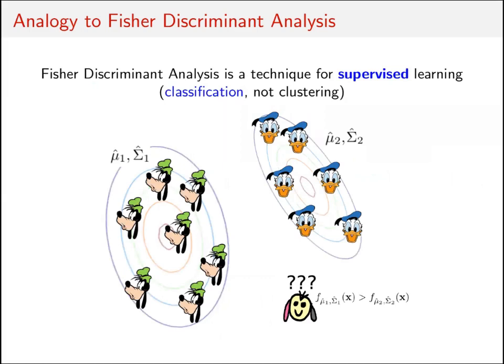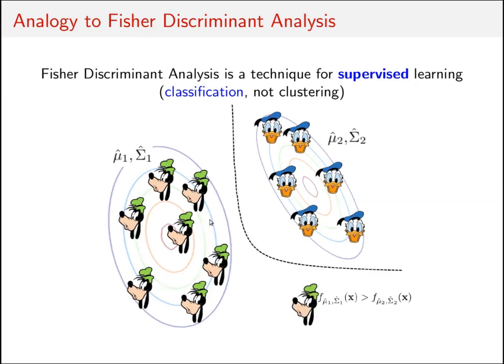And now, thank you very much for this earlier comment. Indeed, this is what I like about this result. It's an analogy of the same thing in Fisher discriminant analysis. This is a classification, not clustering, but still in this setting, if I have two samples whose labels I know, and I have a new sample that I want to assign to one of these groups, and I assume that the covariances are different, then the decision boundary is quadratic.